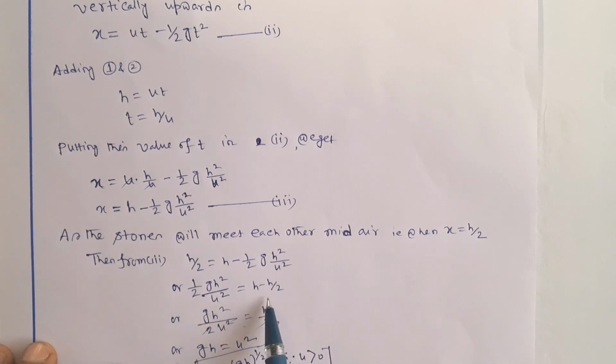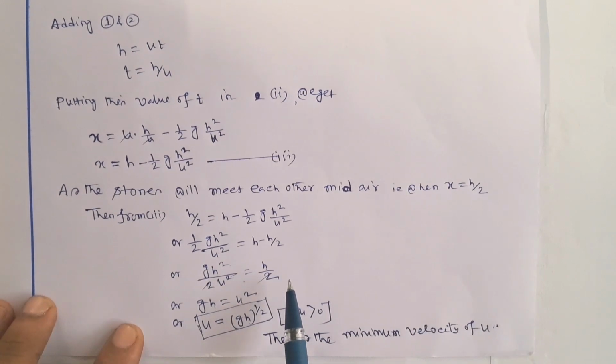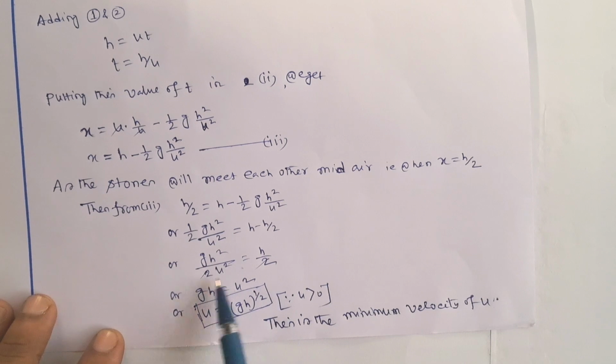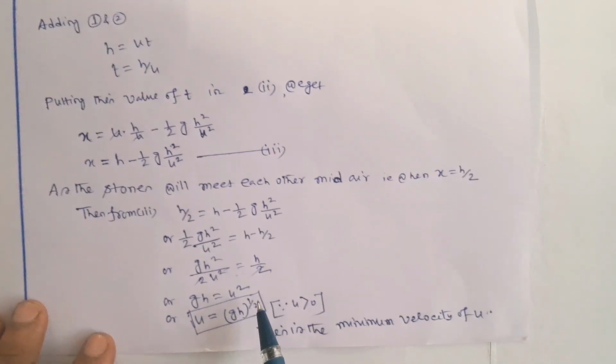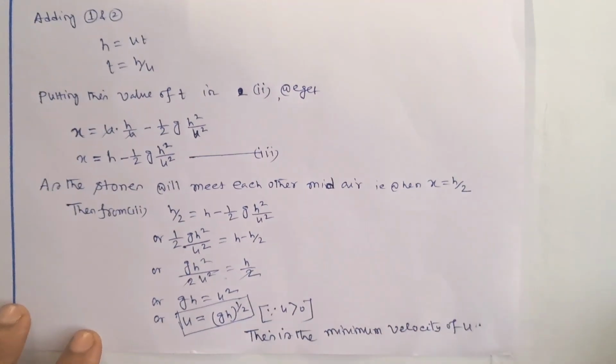As the stones will meet each other in midair when x equals h/2, from 2, h/2 equals h minus half g h square by u square, so half g h square by u square equals h minus h/2, and the 2 cancels. After cancelling we get u equals (gh) to the power half. This is the minimum velocity of u. Thank you.